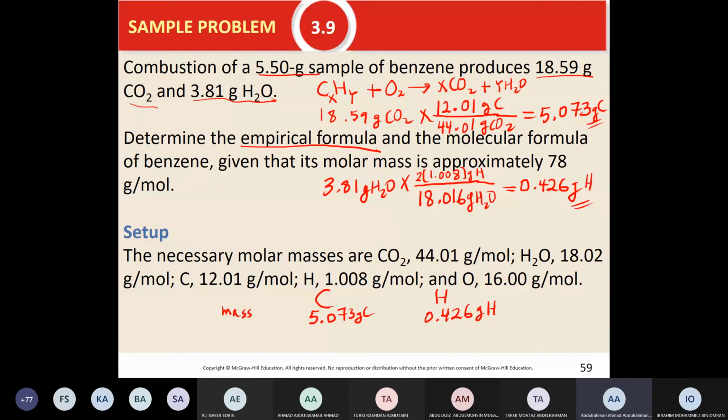Next, convert to mole. Mole divided by 12. Give me the answer. 0.422 moles of carbon. Okay, give me hydrogen. 0.422 moles of hydrogen.